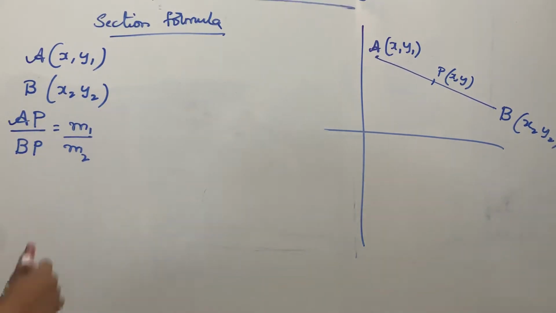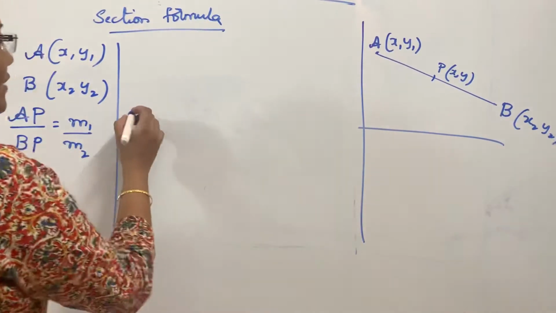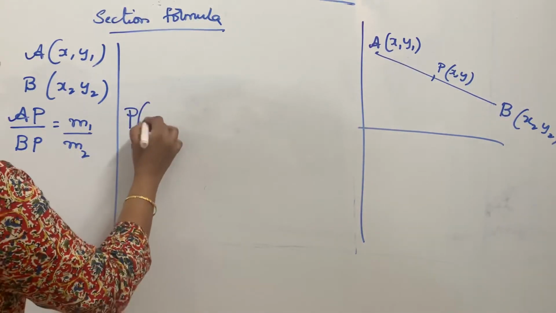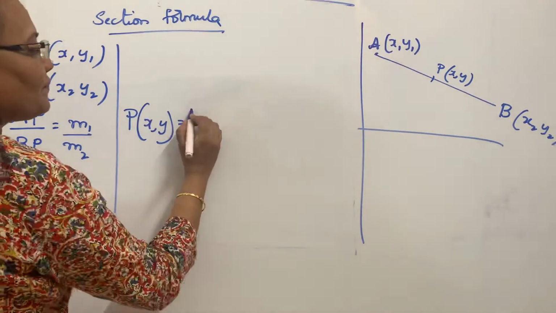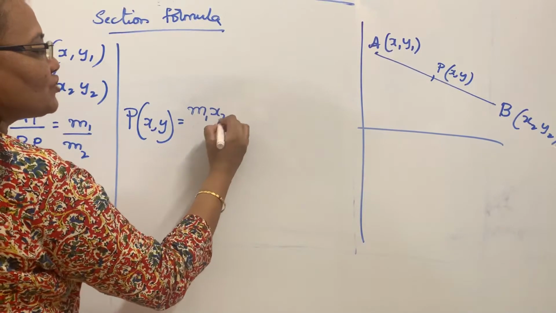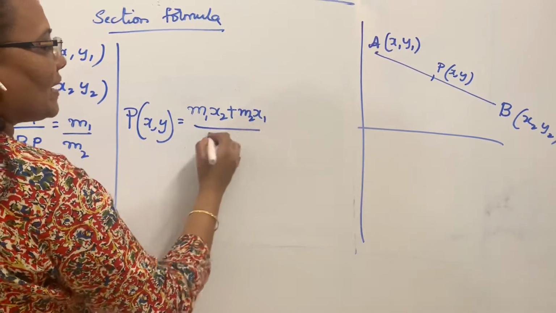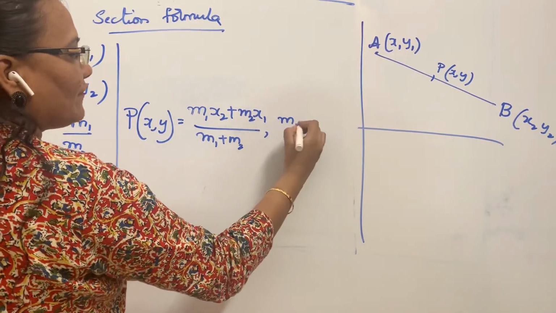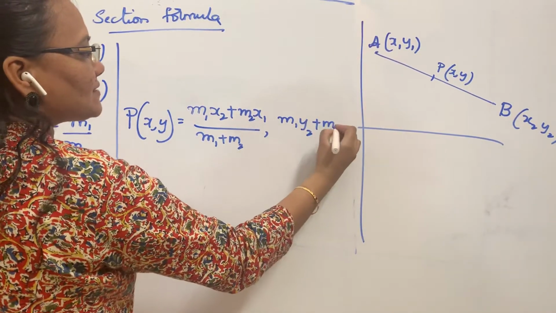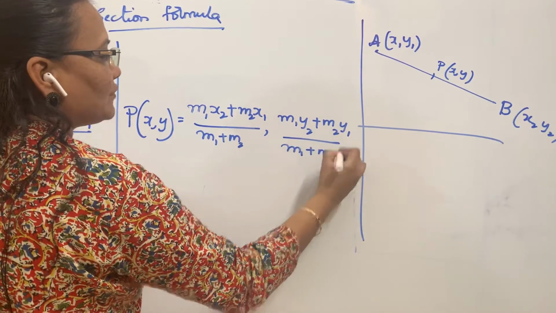Now how to apply this section formula? Now we have to find coordinates of P (x, y). So for this the formula given is (m1 x2 plus m2 x1) by (m1 plus m2), comma, (m1 y2 plus m2 y1) by (m1 plus m2).